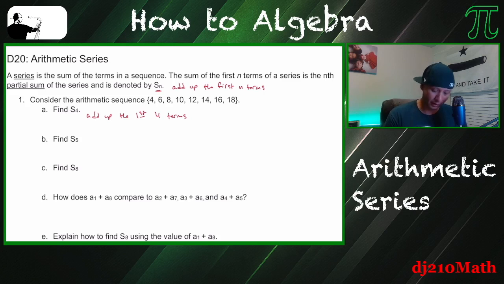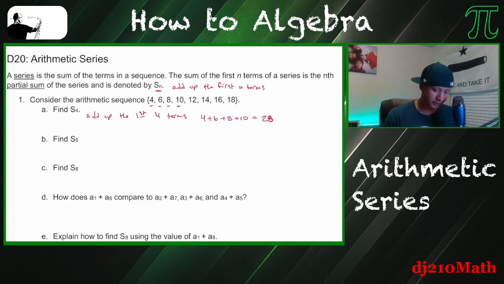That would be 4 plus 6 plus 8 plus 10. So just doing some quick, brute force math: 4 plus 6 is 10, plus 8 is 18, plus 10 would be 28. So the first 4 terms of this arithmetic sequence add up to 28.